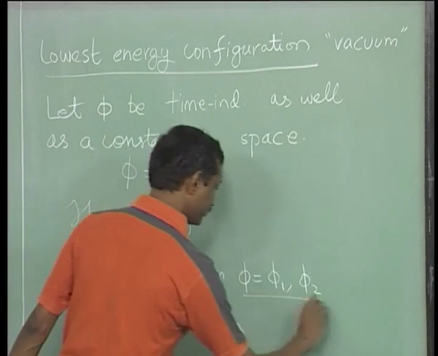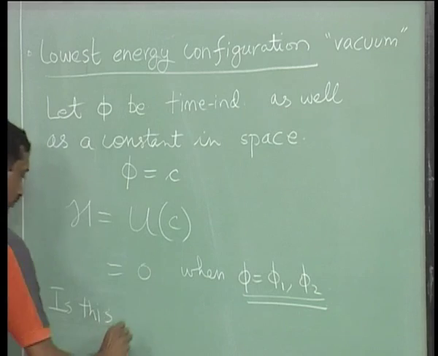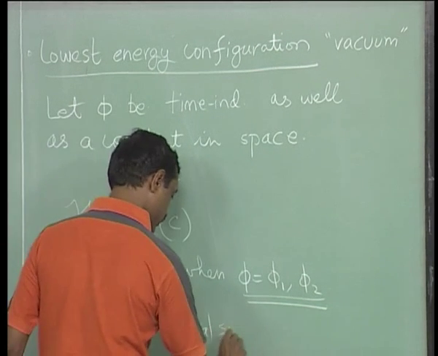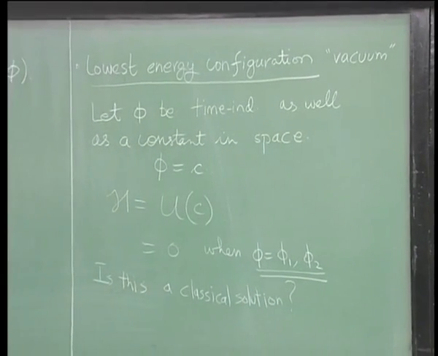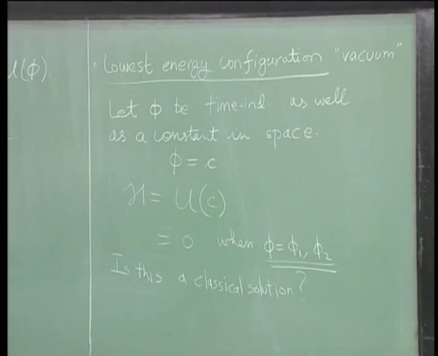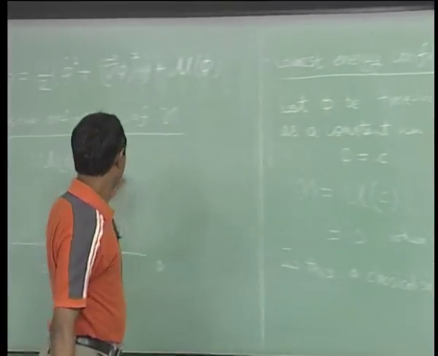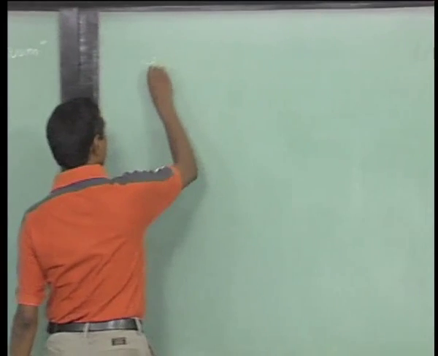So, this is the lowest energy configuration, but now the question is, is this a classical solution? By this I mean, is it a solution of the equations of motion? We had worked out the general equation of motion, but we have not worked out the equation of motion for this Lagrangian density, so let us do that to complete the story.